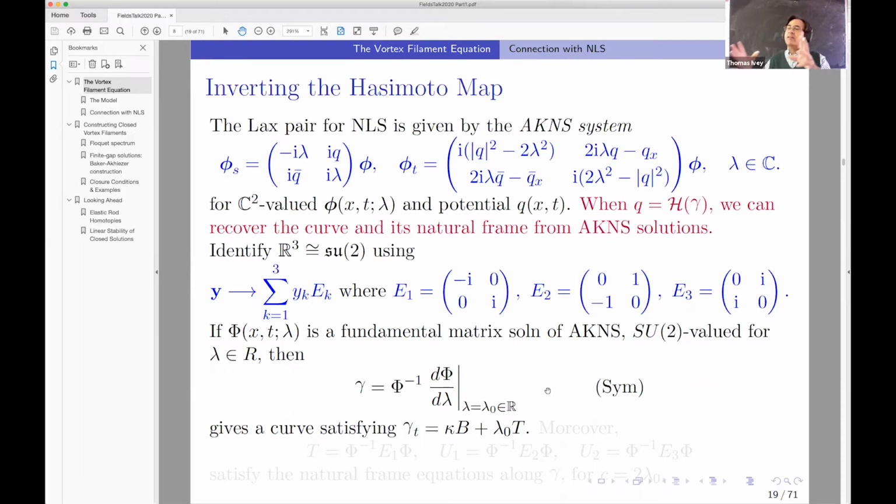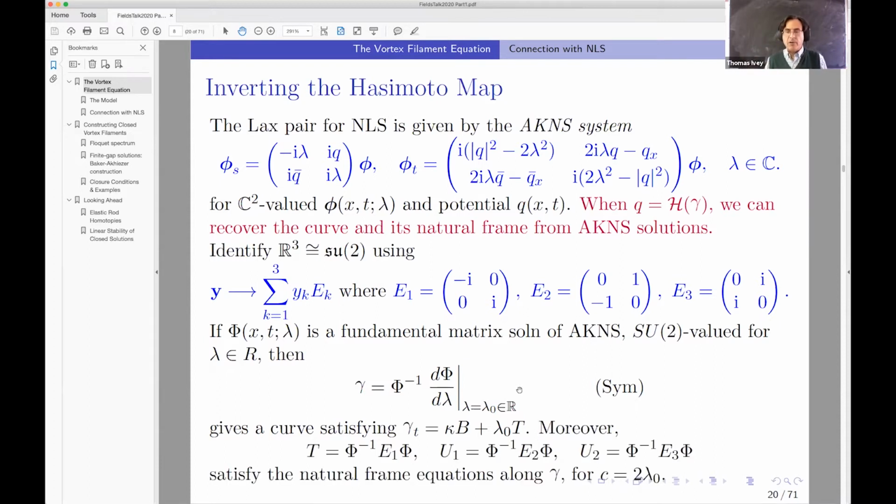That is, we can identify that with a vector in R3, and that vector satisfies, when I set lambda equals 0, that's the solution of the VFE that generated Q. And you also get for free the solutions of the natural frame equations along this curve, with a certain spin that's just twice the value of lambda at which you evaluated.